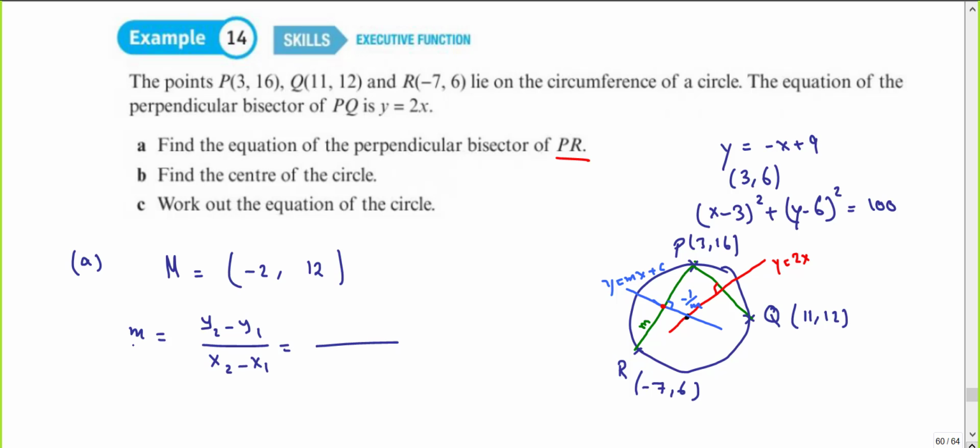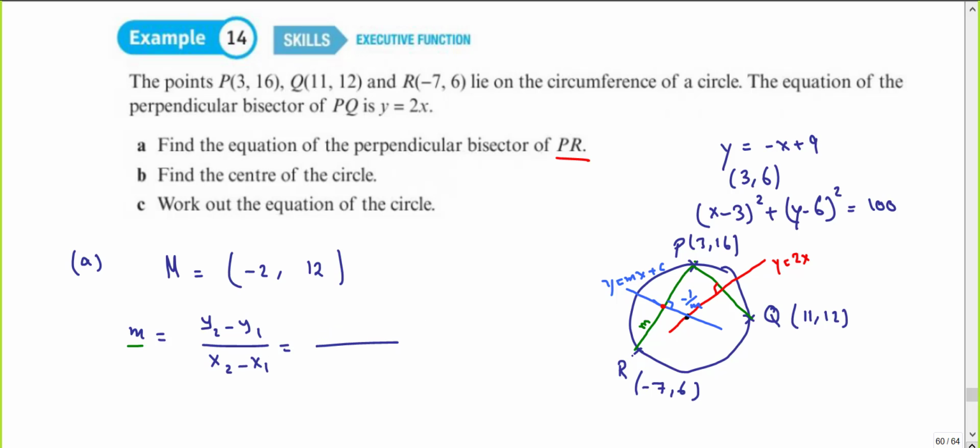So now I'm trying to find m, the gradient of the green line, because I have 2 points, P and R. So find the gradient of the green line here. Can you find it?